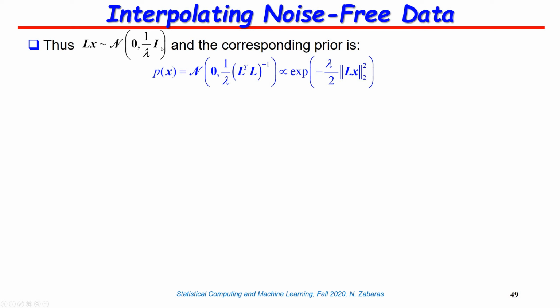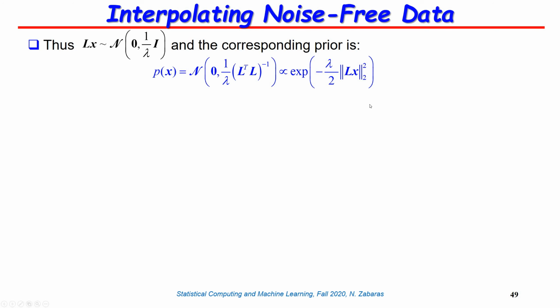Basically the only thing you have to do is take this Gaussian for y and plug in y equal L times x. And I don't bother with the Jacobian of the transformation. That's why I'm writing it like that. So my assumption, my prior distribution over the values of the function, is given by this wonderful Gaussian.